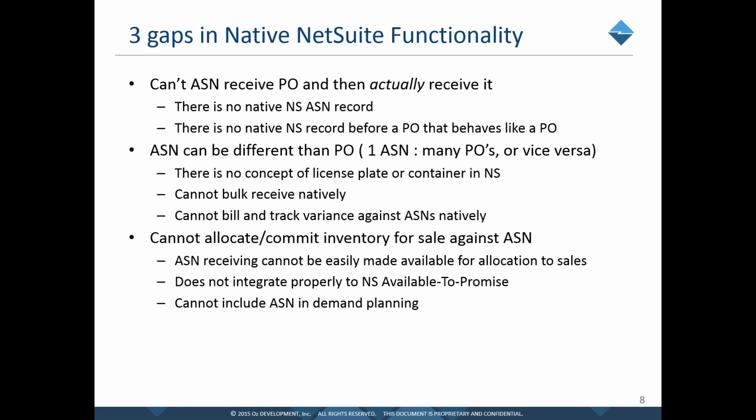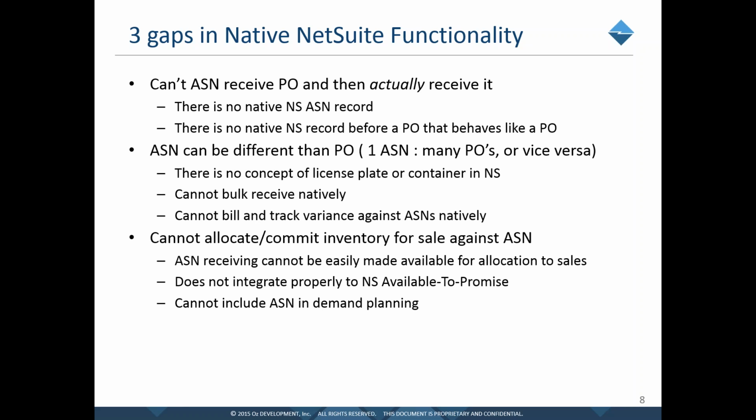So the main three gaps that NetSuite has to actually being able to effectively interface with normal EDI ASN 856 type documents is really because the ASN receipt does not exist in NetSuite. There's no actual native ASN record, and what we need is a precursor to a PO. We need a PO that's before a PO that behaves like a PO on the inbound.